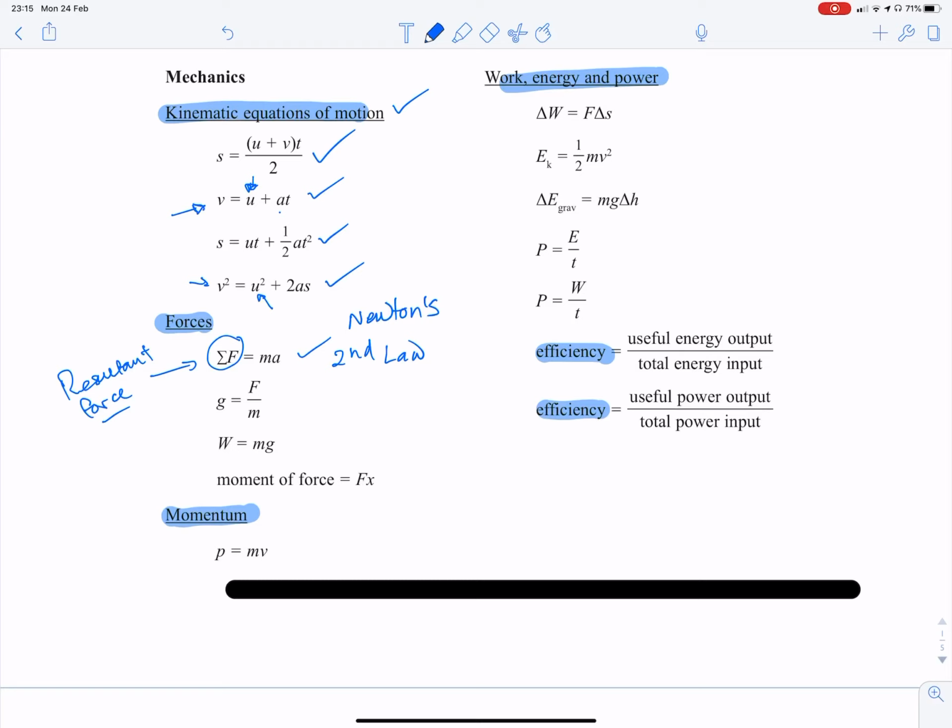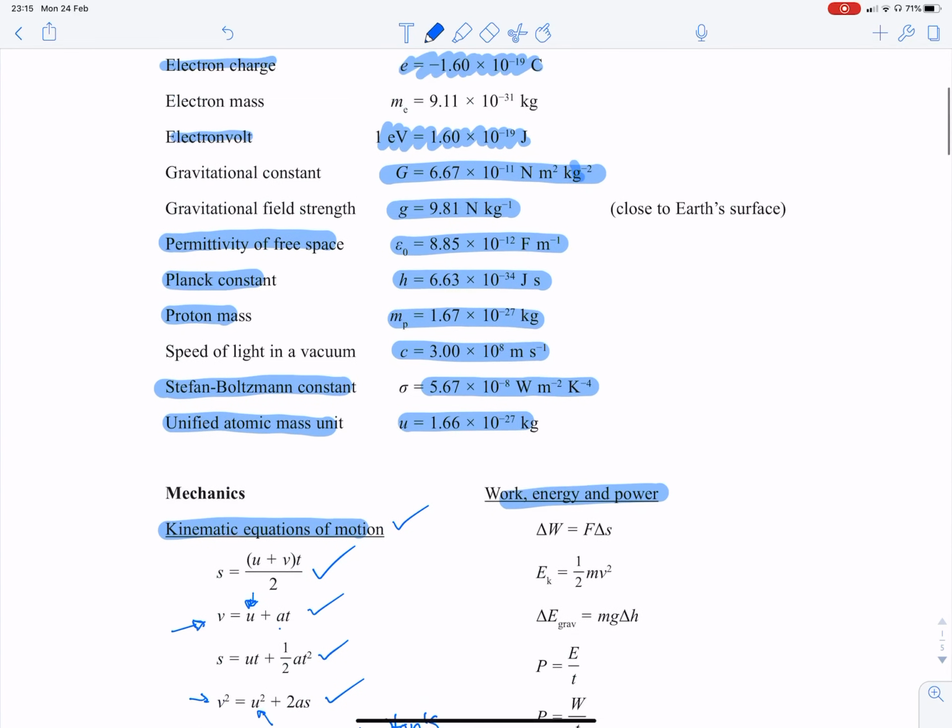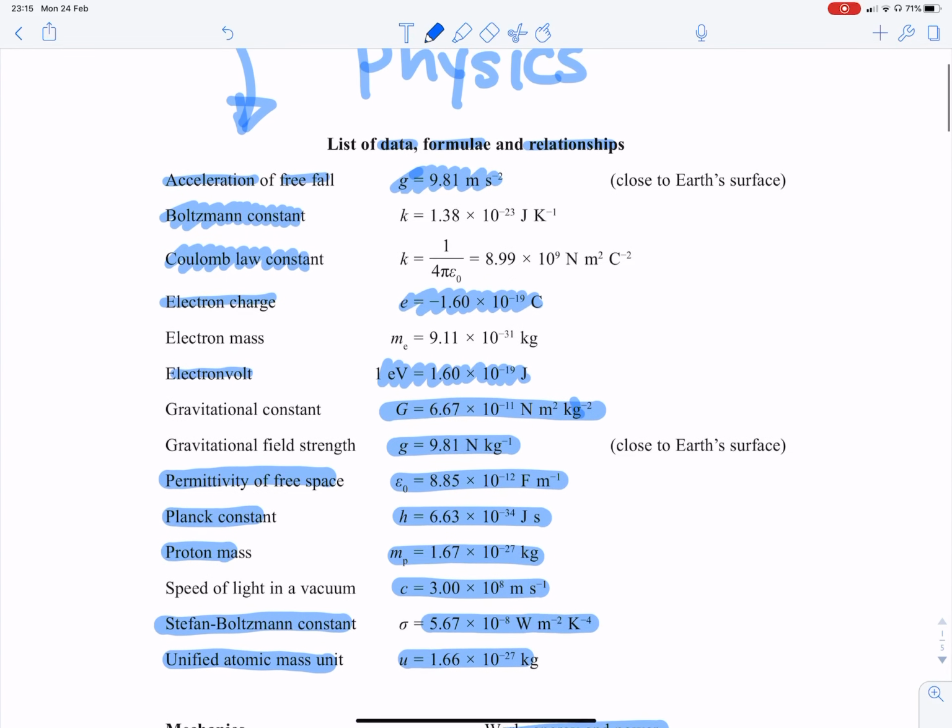Then we have g equals F over m, from F equals mg. And also F equals ma, where a is acceleration and g is acceleration due to free fall, which is what we did up here.